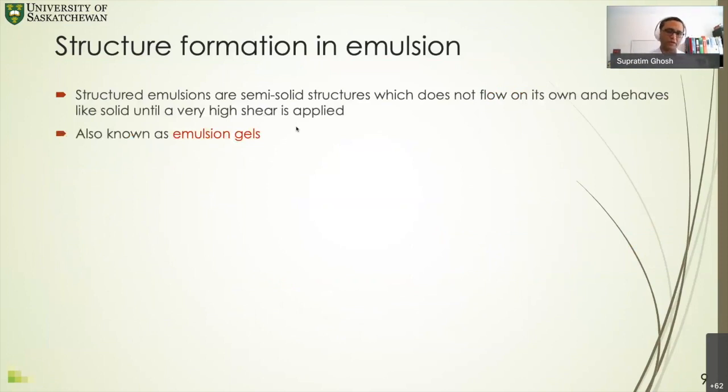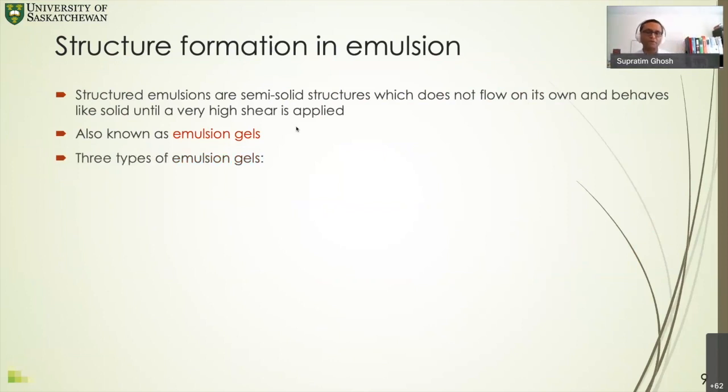That's why we call them structured emulsions. They do not flow on their own and can behave like a solid until a high shear is applied. A great example would be mayonnaise: a solid-like material, but when you take it on a knife and apply it on a piece of bread, you can easily do that. This kind of structured emulsion we can also call emulsion gels.